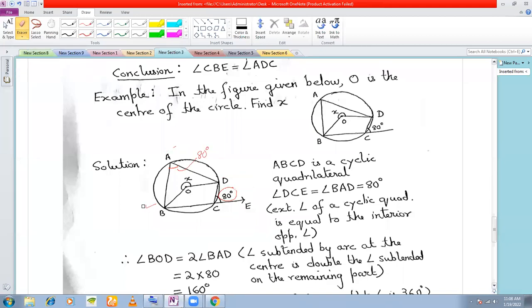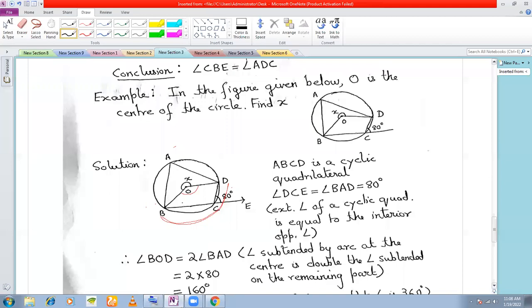Once we know this angle is 80 degrees, what can we do? This angle here is the angle at the center on which arc? This arc BD, right? And you have the angle on the remaining part of the circle as 80 degrees.